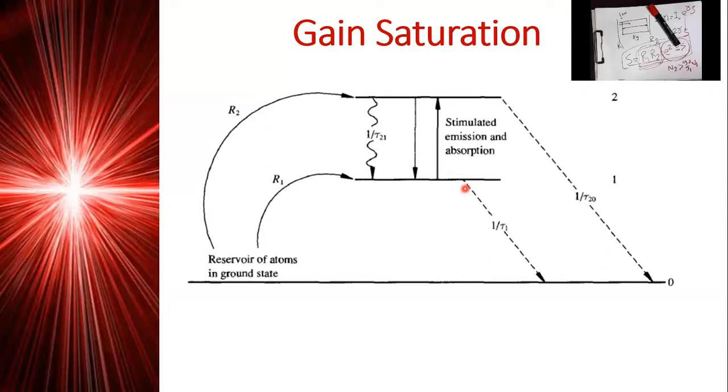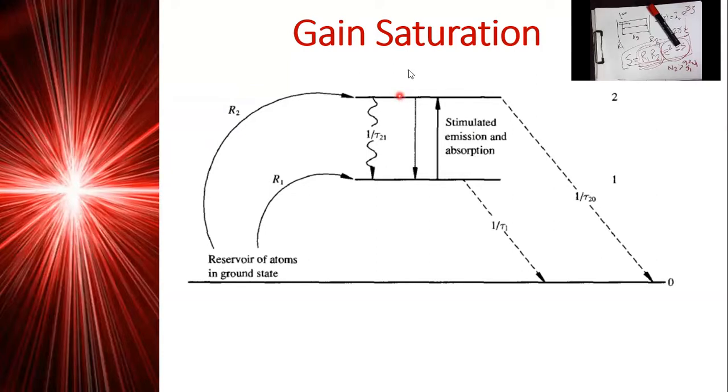What we are seeking for now, my dear students, is to write a rate equation that can express the rate of change of the populations N2 and N1 in the levels E2 and E1. Let's see how we are going to make it. Okay, so let's start, for example, with the level E2.